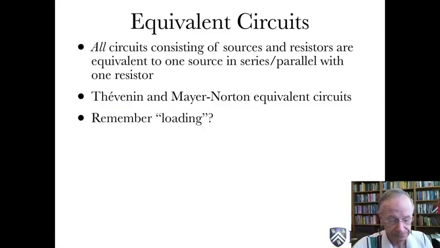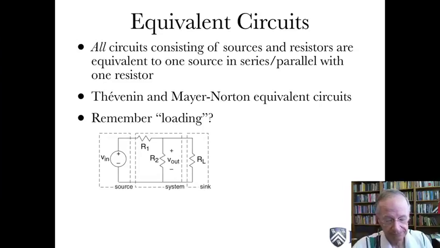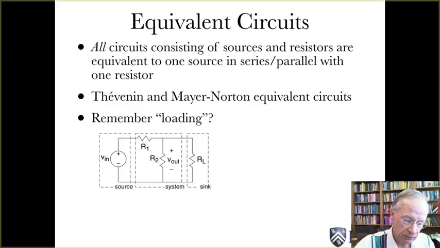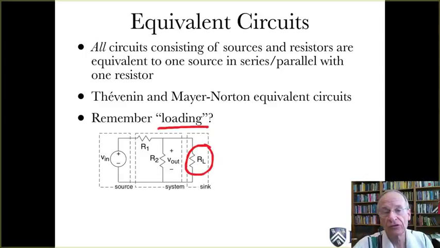Now, remember how we got started on this. Remember we were attaching our sink to our original circuit that we've been talking about. And the issue was what's called loading. Loading is a term that means that if I attach the wrong kind of load resistor for the given application, this V out will change.